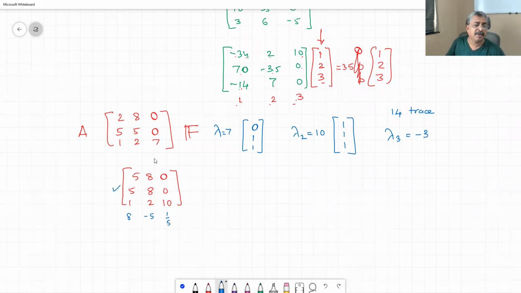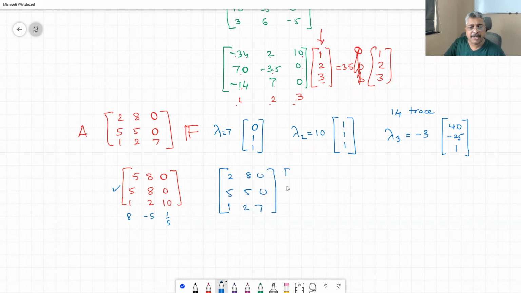Okay, and therefore with this matrix, the original matrix, we will have 8, minus 5, 1, upon 5, which is 40, minus 25, 1. This vector will produce 120 minus 120 plus 75 and minus 3. Maybe you can cross check that. 40 minus 25, 1.